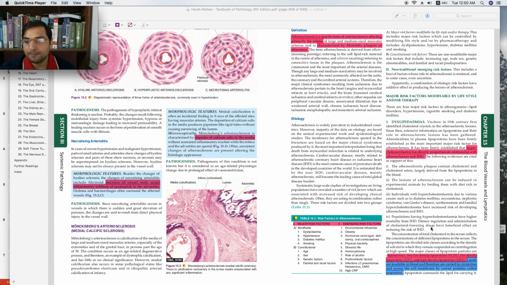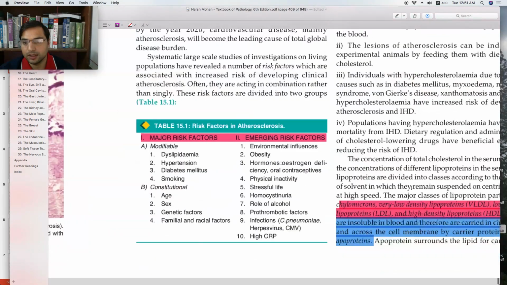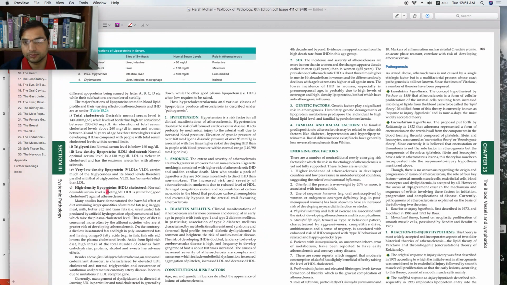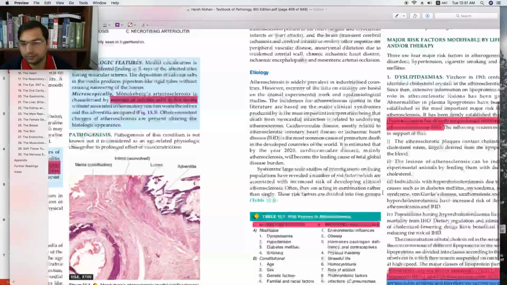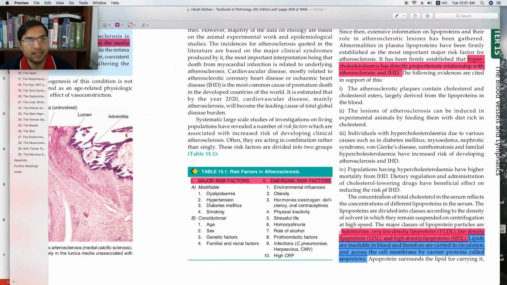So the various types of lipids present in the blood are, number one, chylomicron. You can see it here. Then very low density lipoproteins, low density lipoproteins and high density lipoproteins.